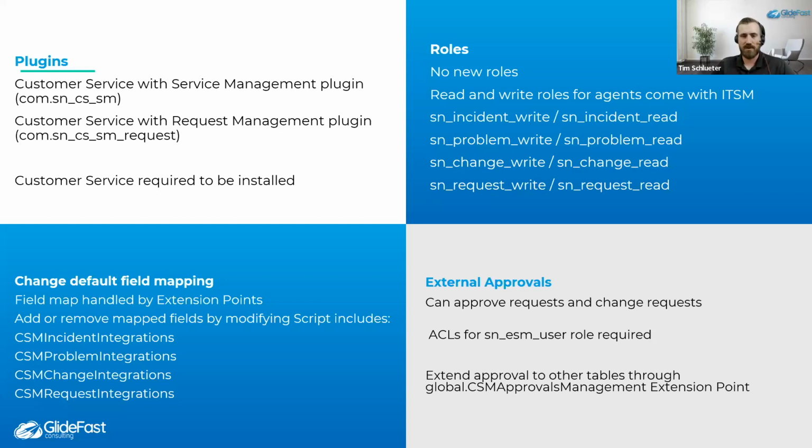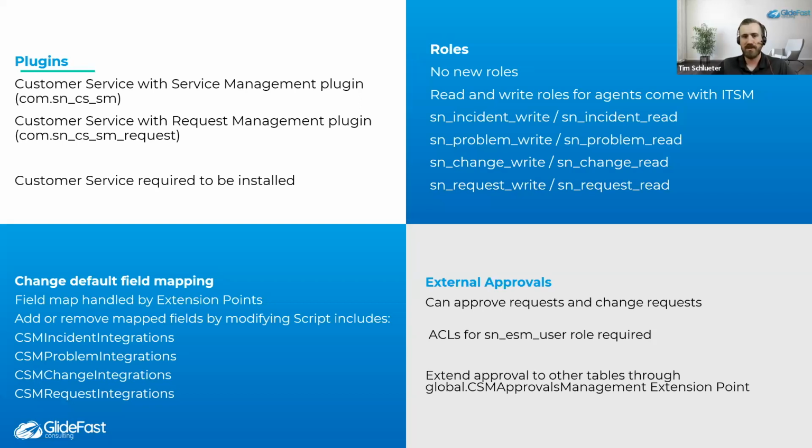And then there is also a way to allow for external approvals. So if you have a request that your customers can submit, but maybe you have a partner that owns part of the process and they need to approve those kind of requests, then you can add those partners or whoever to an approval group, just like you would otherwise.